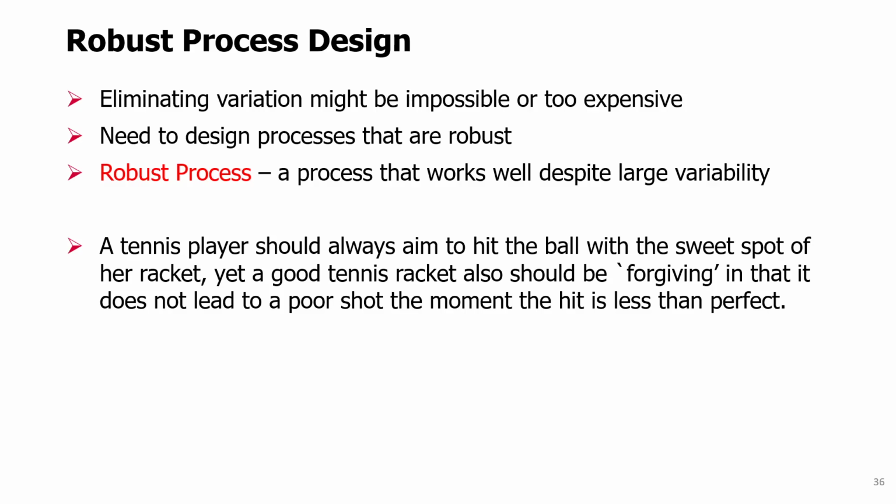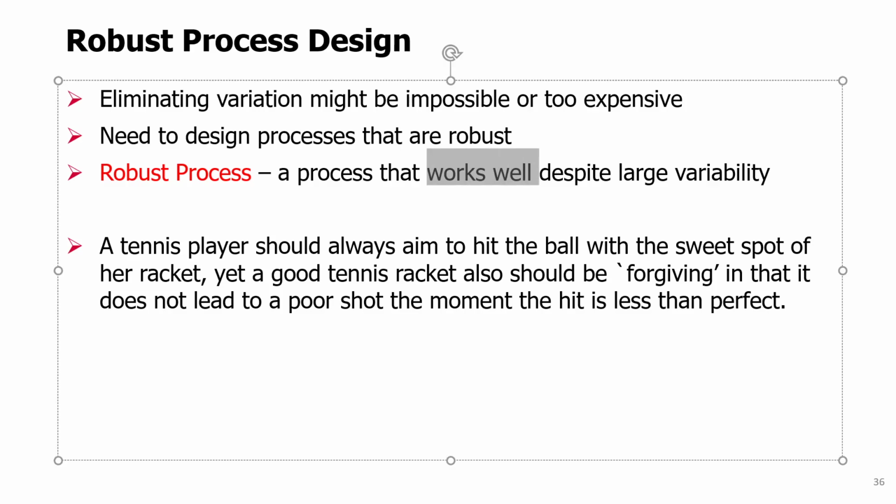The alternative to reducing variability is designing a process that takes a variable input and still produces good quality products. And so a robust process will be defined as a process that works well, that delivers sufficiently high quality products despite large variability of some inputs or some parameters.